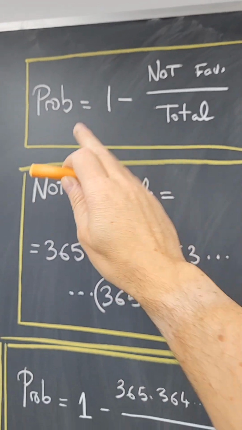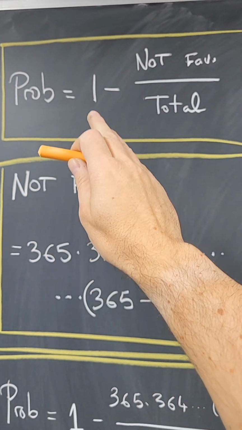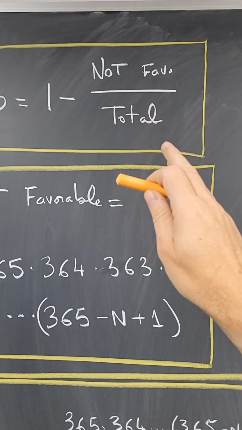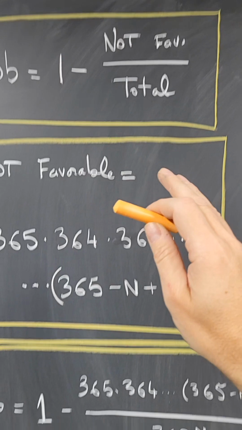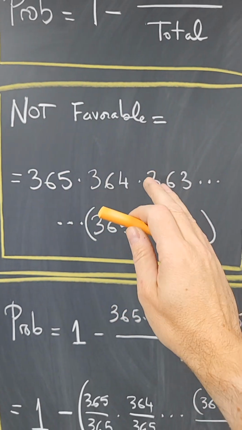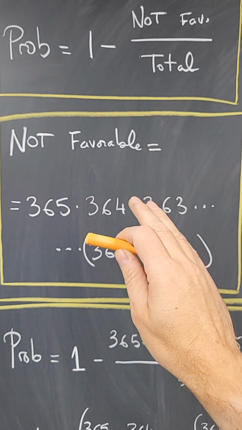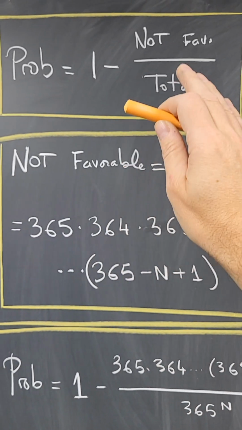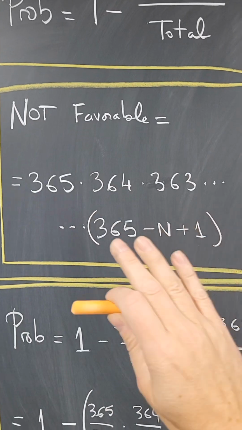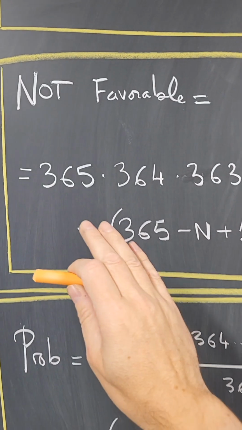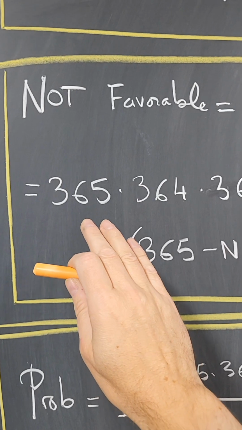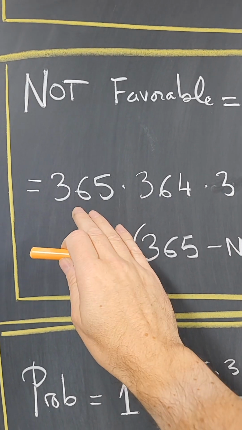So the probability we want will be 1 minus the not favorable cases divided by the total. Now, what are the not favorable cases? The not favorable cases are easy to count because they are those cases where there is no match at all. So for no match, there are 365 choices for the first birthday.